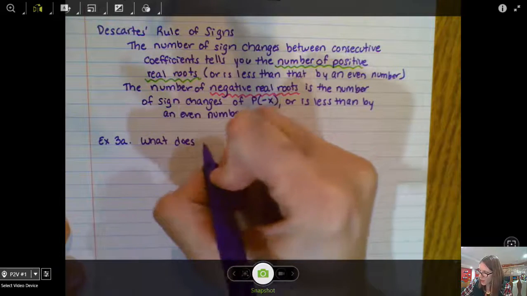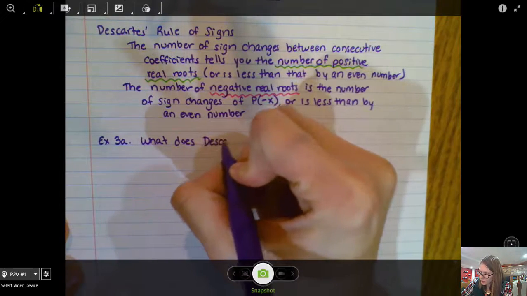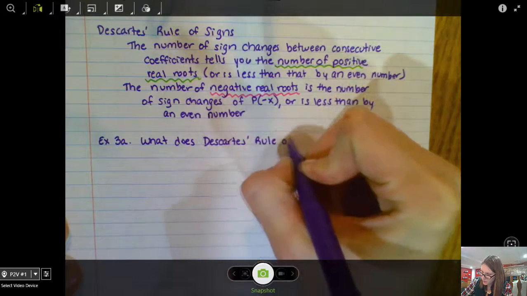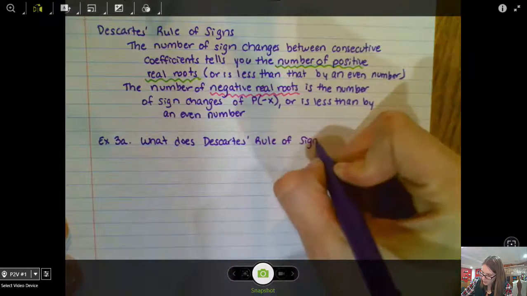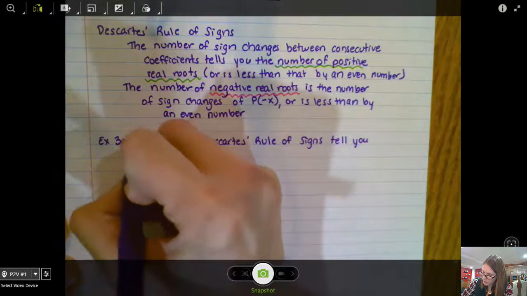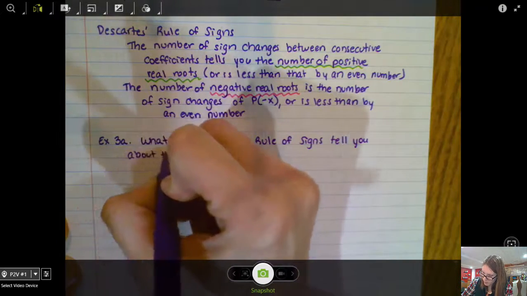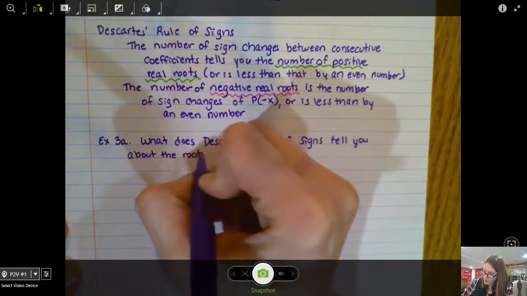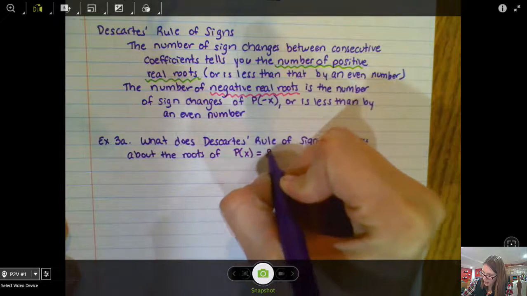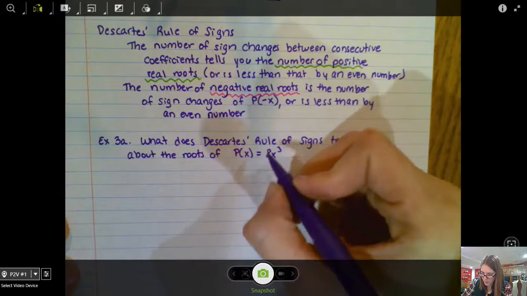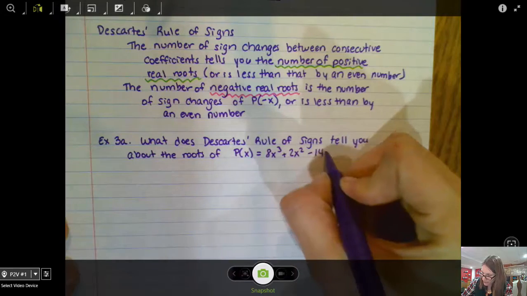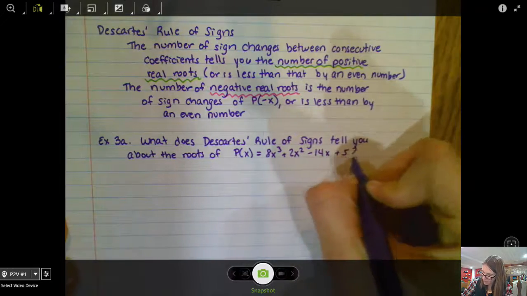So example 3a, what does Descartes' rule of signs tell you about the roots of p of x equals 8x to the third plus 2x squared minus 14x plus 5.